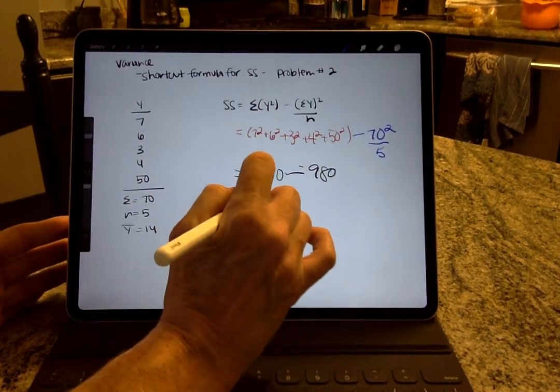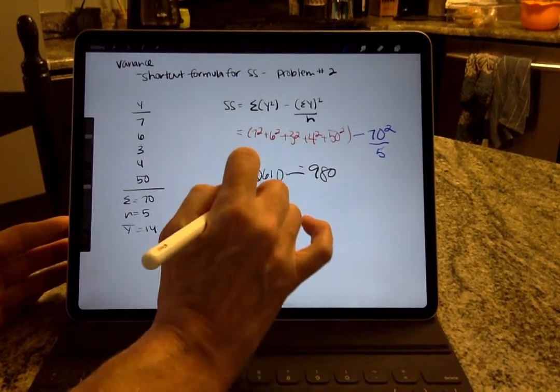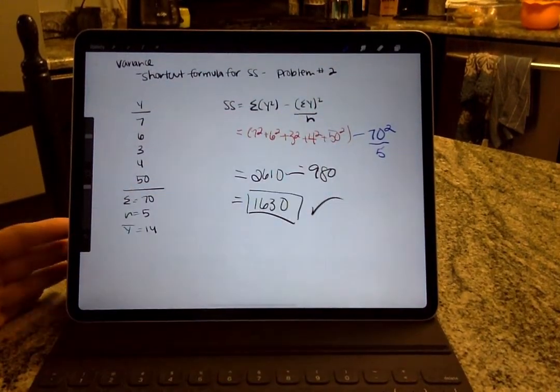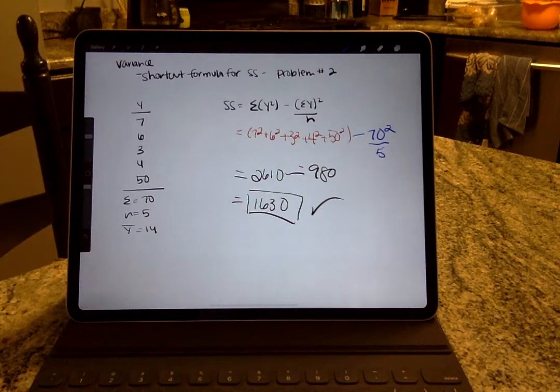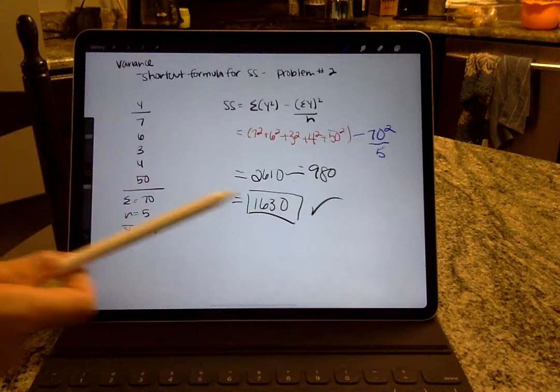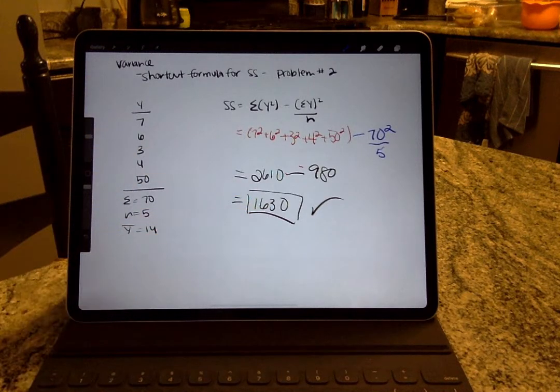And 2610 minus 980 is 1630, which, if you go back and look at when we calculated the sum of squares using this data the long way, is the same number we got for our sum of squares.